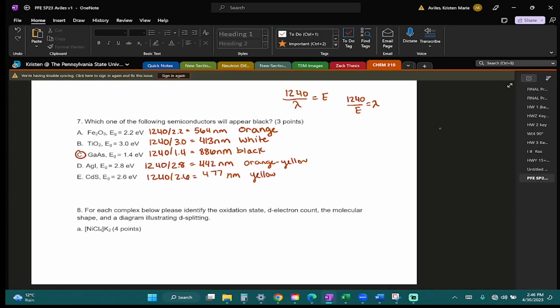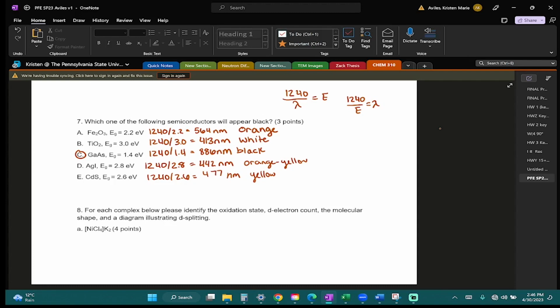Any questions about that? Yes. Can you go over white? So I think we should probably lower that electron volt range because it's a little bit confusing. It's such a low wavelength that it's not really purple. It's UV wavelength at that point. I would also use a little bit of logic here. We know titanium dioxide's white, right?